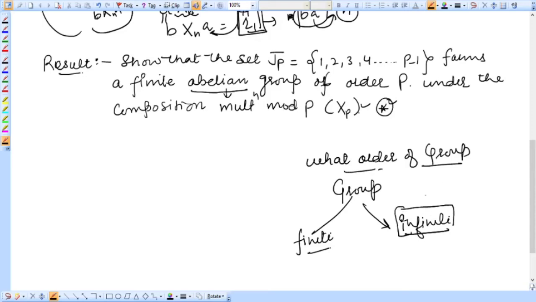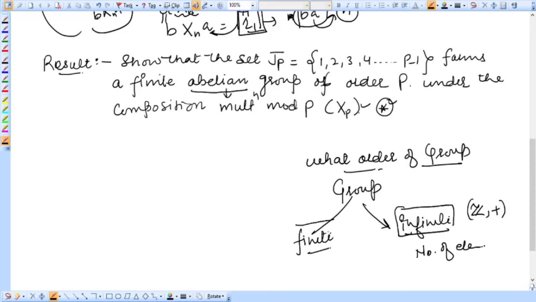Infinite groups are those groups in which the number of elements is infinite. For example, the set of integers under addition contains an infinite number of elements. Therefore, this group is an infinite group.